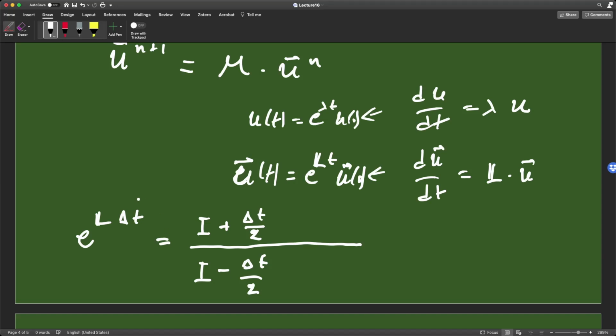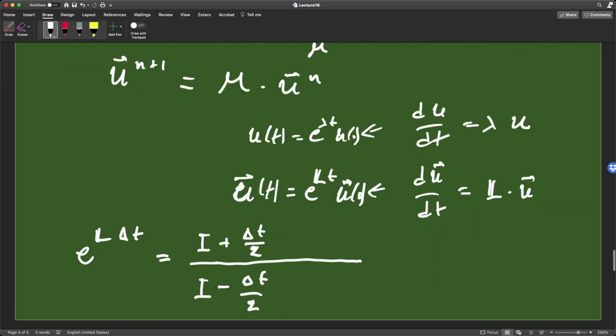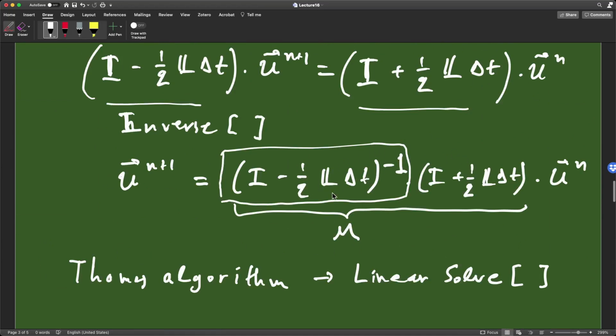So if we ask Mathematica to calculate the 1-1 Padé approximant, it will give us this expression, and that will match what we got here for the trapezoidal rule.